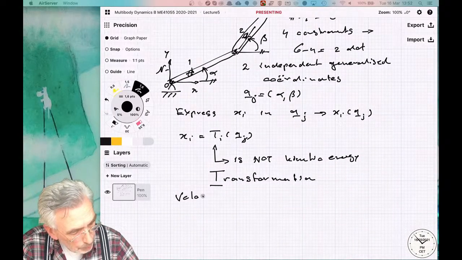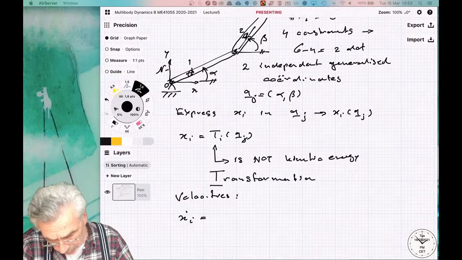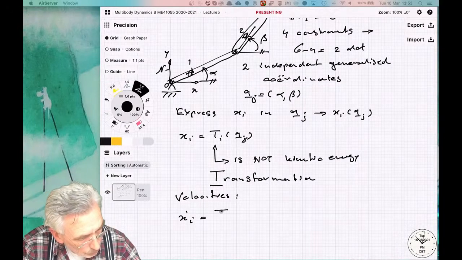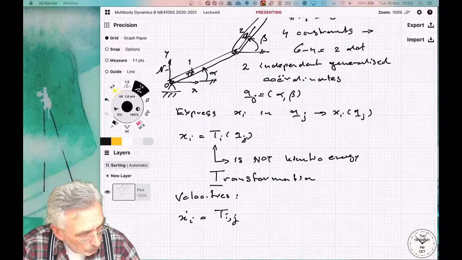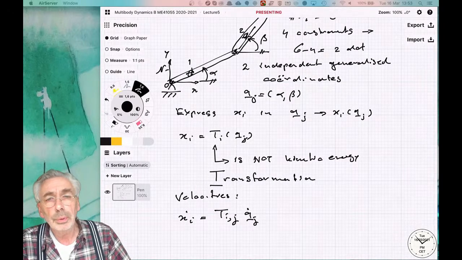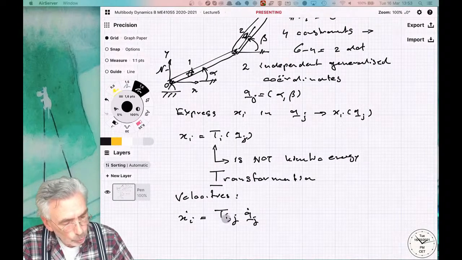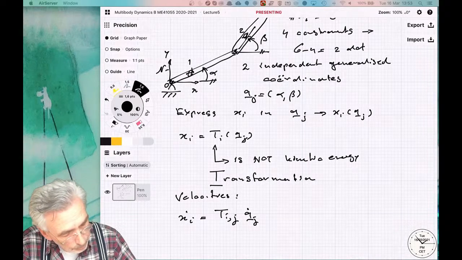For velocities, super simple, we put a dot on top of it, then we take partial derivatives. Since we all know what it's about, I immediately use the nice index notation with the summation convention, summation over j, and the comma for the partial derivatives.